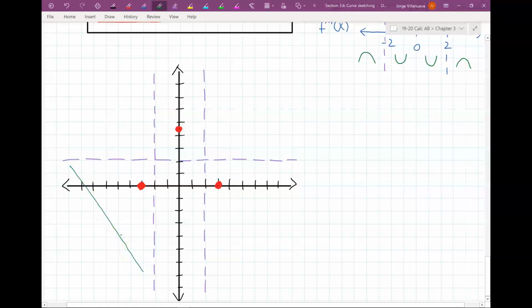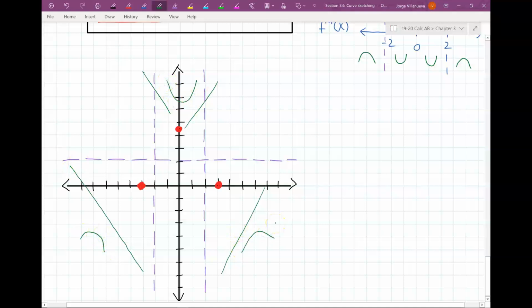Before -2, it's going down. From -2 to 0, it's going down. Then from 0 to 2, it's going up. And then from 2 on, it's going up. And then remember, it's concave down, up, and down.